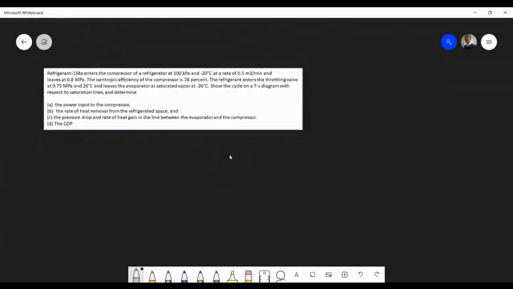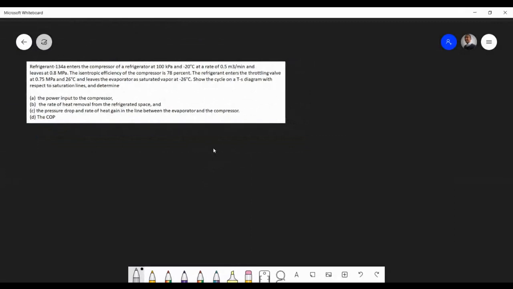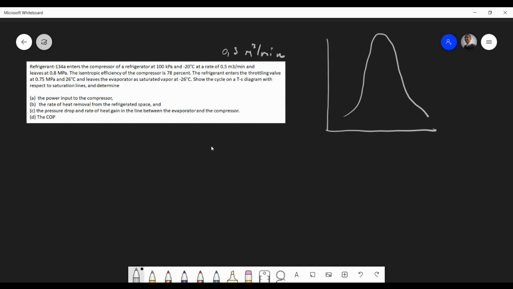Okay, so over here, I like this one, and the reason why this should be 0.5 meters cubed per minute. So you might have to work out your mass flow rate. So let's sketch our TS diagram. They're saying the refrigerant enters a compressor at 100 kPa. So we know here it's probably superheated, so 0.1 MPa at minus 20 degrees.